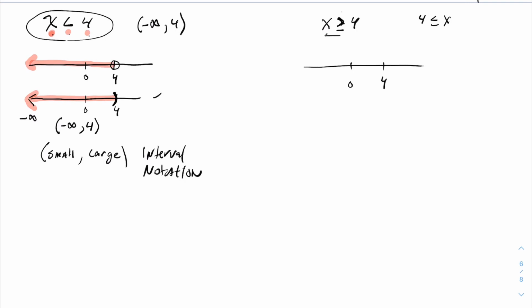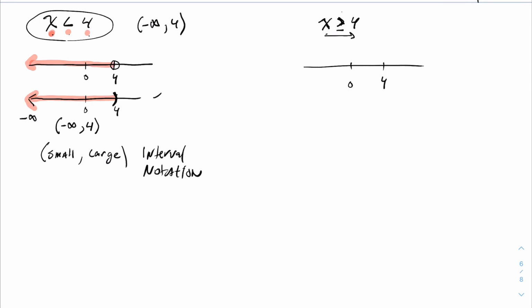This one, if I read from left to right, I say x is greater than or equal to 4. And this one, you might have to read it backwards, really, because x is still greater than, it's opening up to the x. Even though it's mathematically correct, it's really not a good idea to write it that way. It's a better idea to always put the x on the left when you have inequalities.